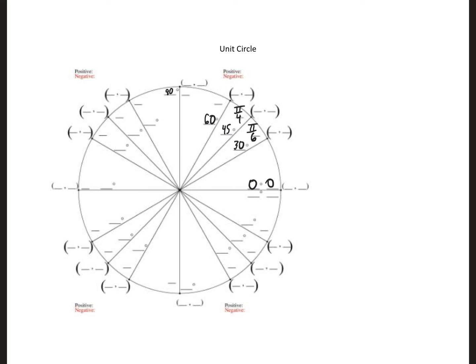And 60 degrees, pi over 3 radians. 90 degrees is pi over 2. And so we could actually complete all the degree measures and all the equivalent radian measures using the conversion that we did in those previous two examples.